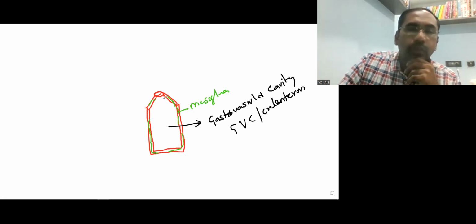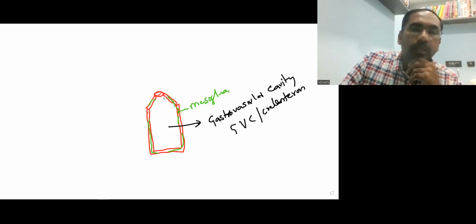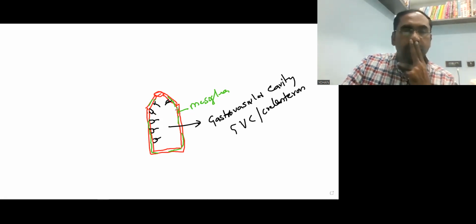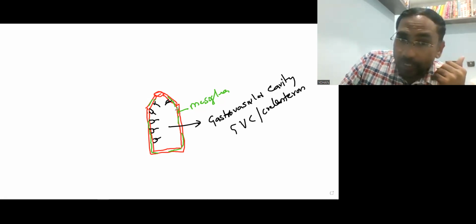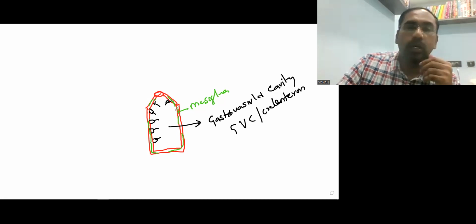And this gastrovascular cavity is also lined by flagellated cells like sponges. They also perform the process of digestion. And this gastrovascular cavity opens out through the mouth.